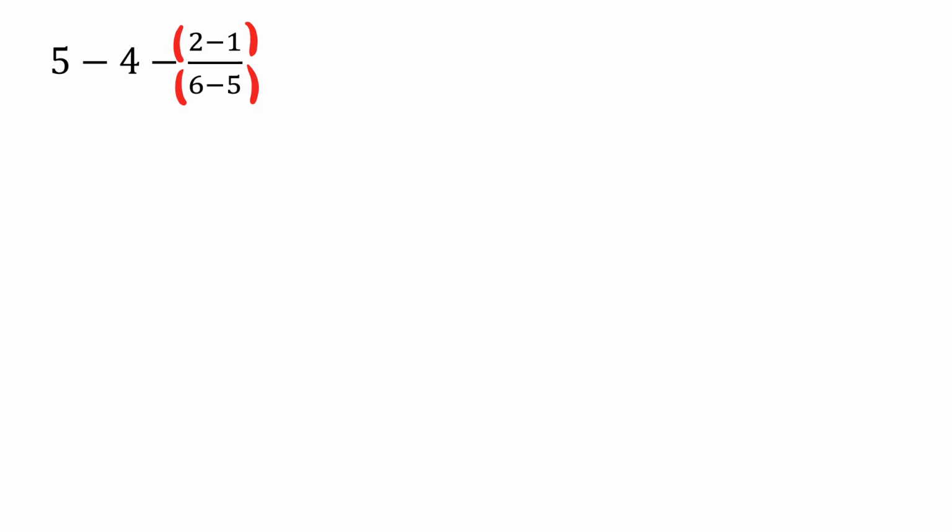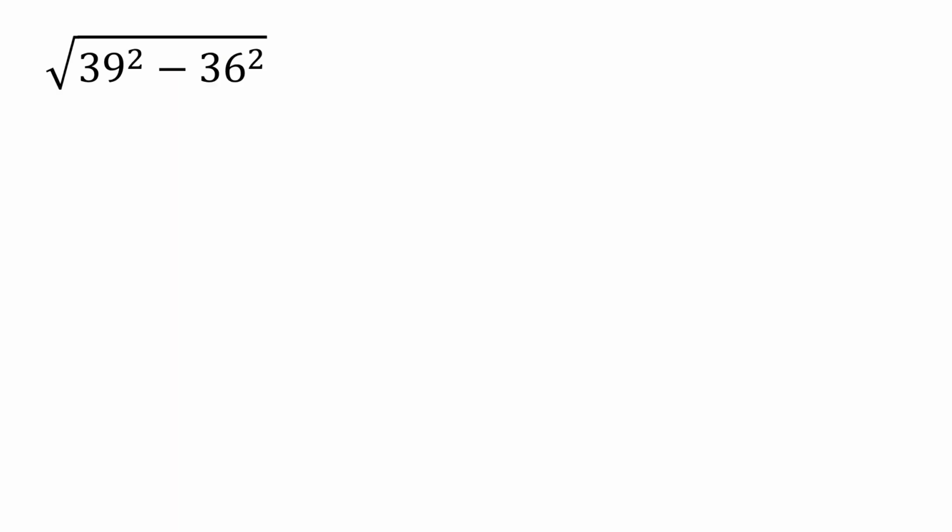So if you have a fraction and it's got some expression in the numerator or in the denominator, you're going to imagine that there are little parentheses around those, which is going to tell us to do those first. So that's our grouping symbol or our parentheses if you're thinking about GEMS or PEMDAS.